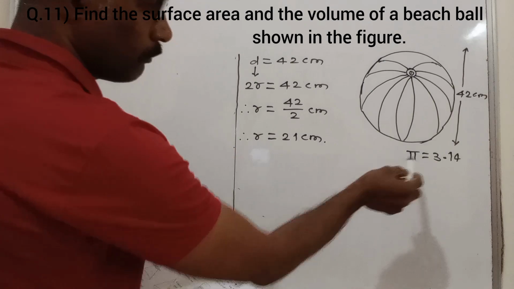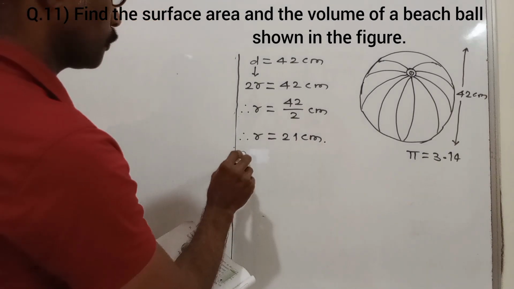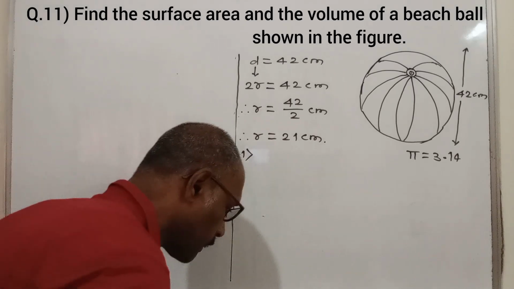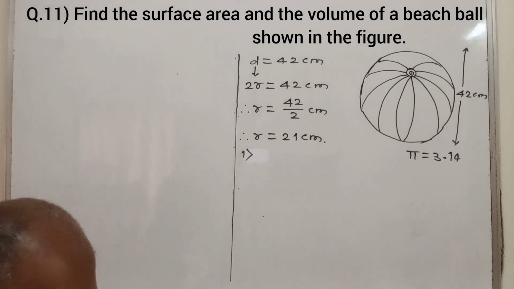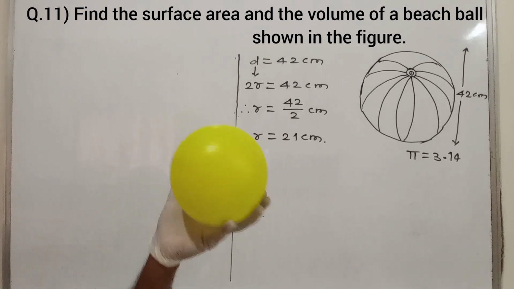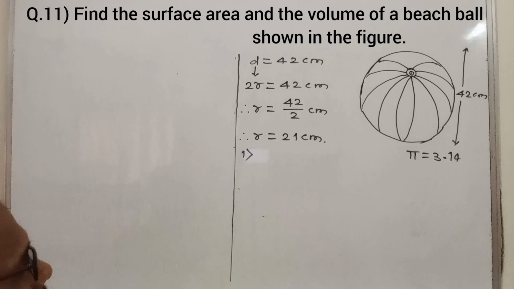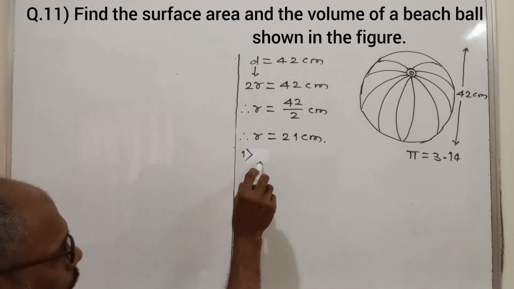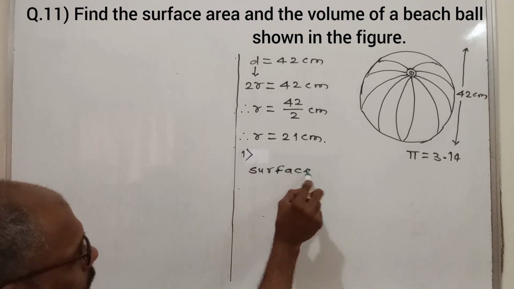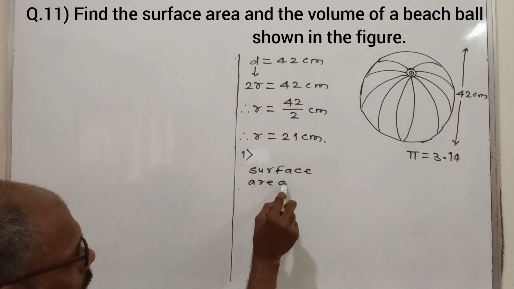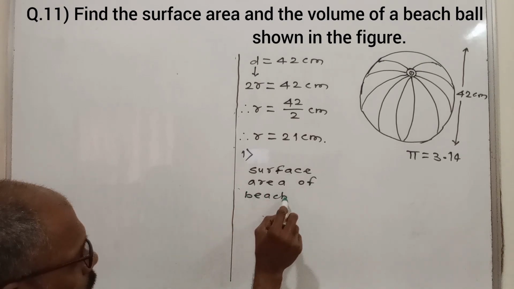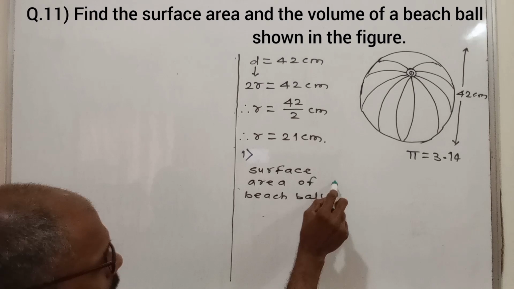And we have given value of pi also. Therefore, first we will find the surface area of this beach ball. Okay, see this. Now, surface area of beach ball.